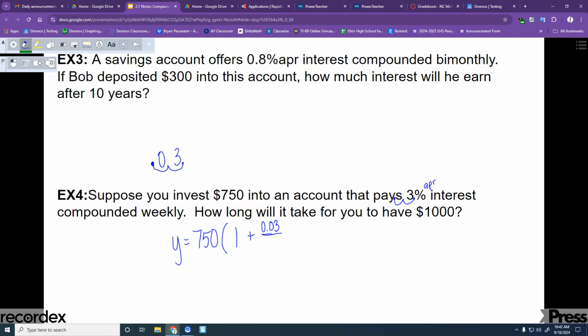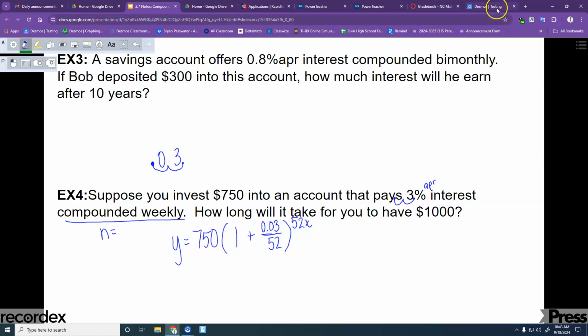Luis, compounded weekly, what's the N value going to be? How many weeks in a year? 52. Goes right here. And then the N also goes right here. And instead of a T, I'm going to use an X because Desmos likes X's better. Okay, so that is our equation.